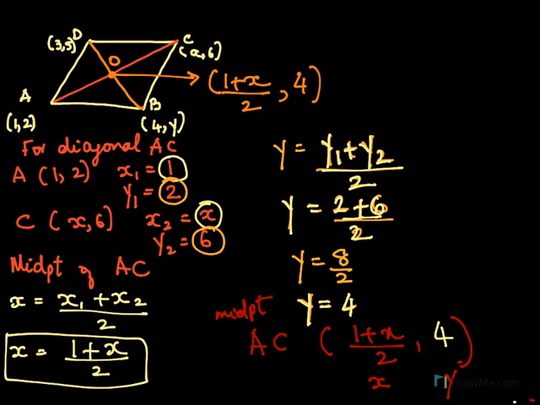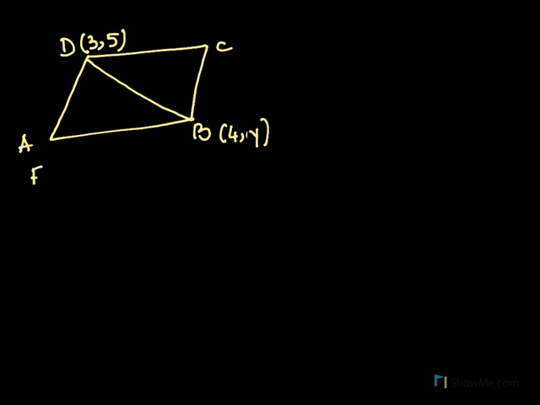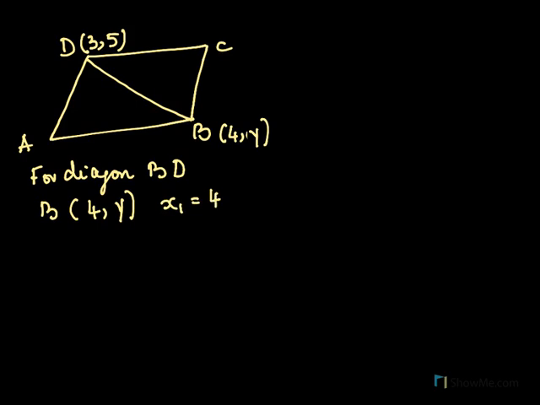Now we'll go to BD and find the midpoint of BD. Now for diagonal BD, we have B coordinates are 4 and y, which means x1 is 4, y1 is y, and D we know is 3, 5, which means x2 is 3 and y2 is 5.